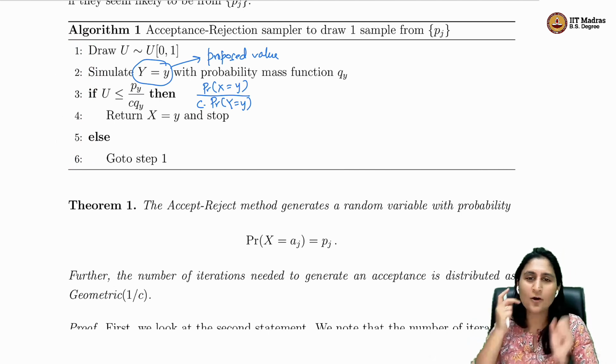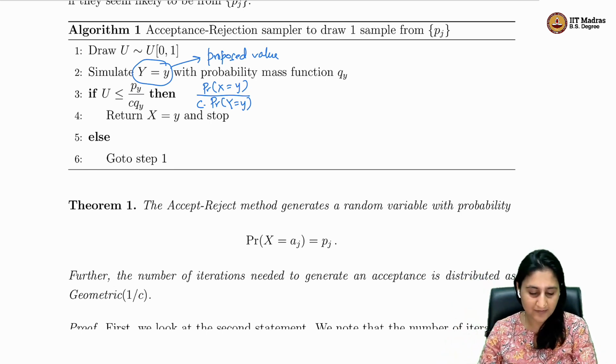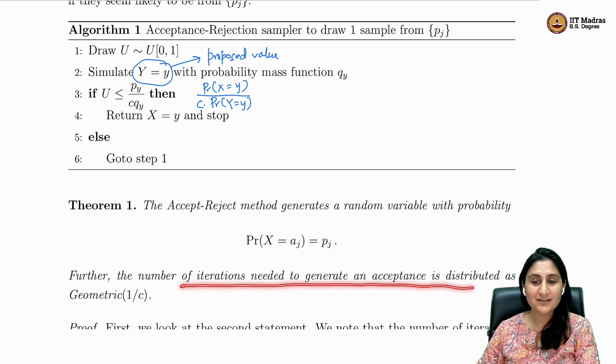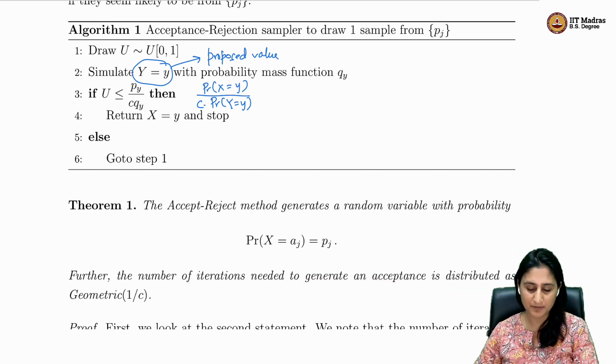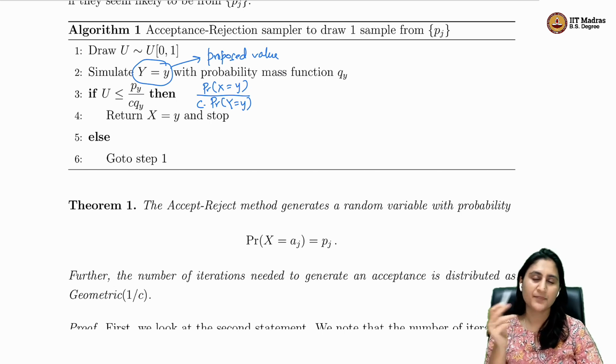We'd like to know how many iterations it will keep looping before it gets inside line 4. So further, the number of loops needed to generate an acceptance is distributed as geometric 1 by C, where C is the same C as we saw before.